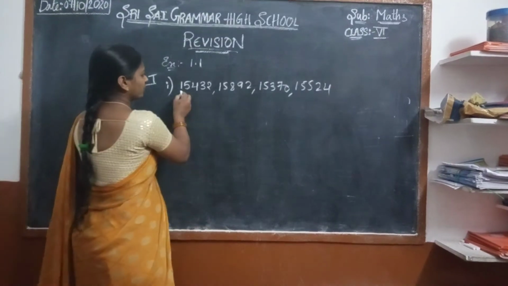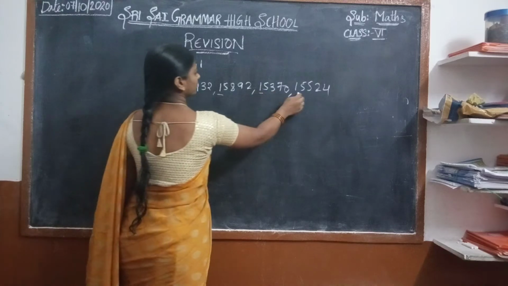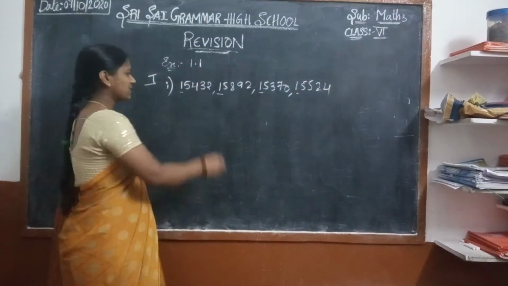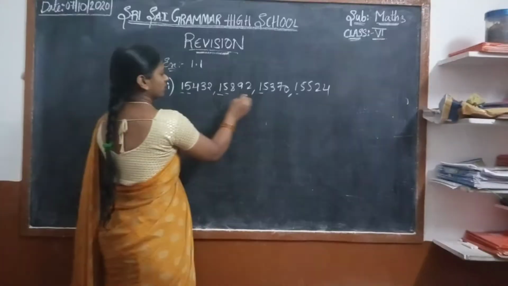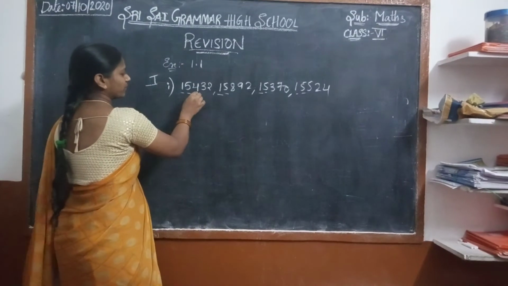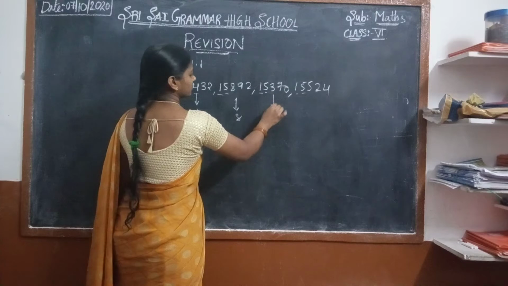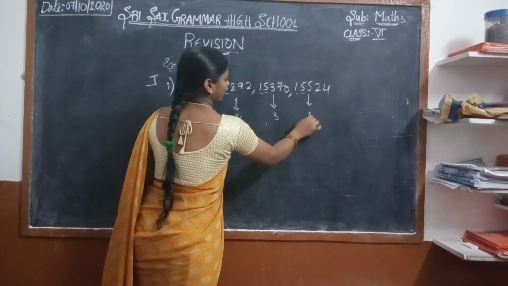See, from these, observe the first digit. Everything is equal. And observe the second digit. Everything is equal. Coming to the third digit, it is 4, it is 8, it is 3, it is 5.